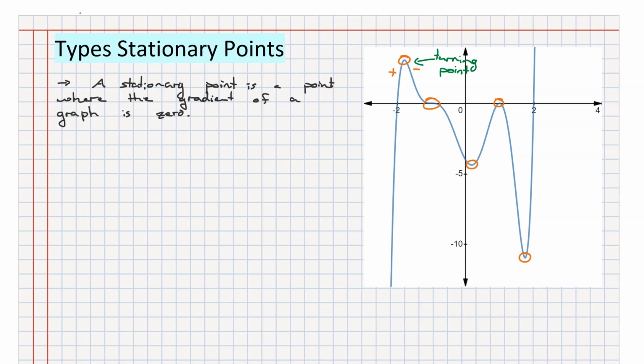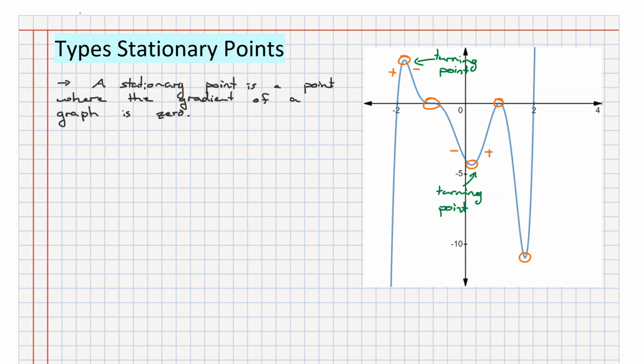Conversely, if we look at the second stationary point, it's still a turning point. However, this one has gone from negative to positive. And similarly with the fourth one, it goes from positive to negative, and then the final one goes from negative to positive.